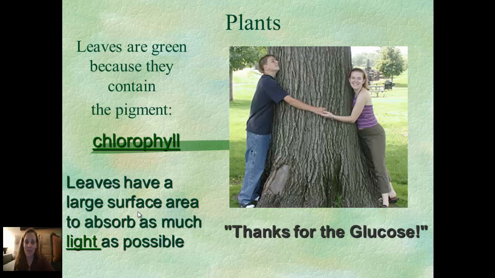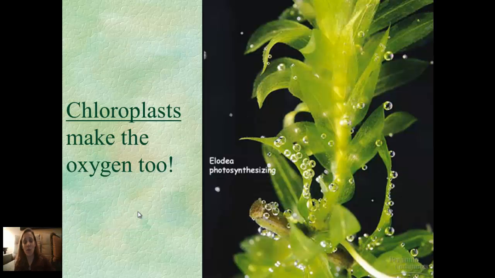And here are a couple of people, yes, hugging a tree, saying thank you to the glucose, which is a carbohydrate, which is a major energy source for us, and also thank you for the oxygen. Chloroplasts do also make oxygen. As we can see, this is an Elodea plant inside of water, and these air bubbles are oxygen.